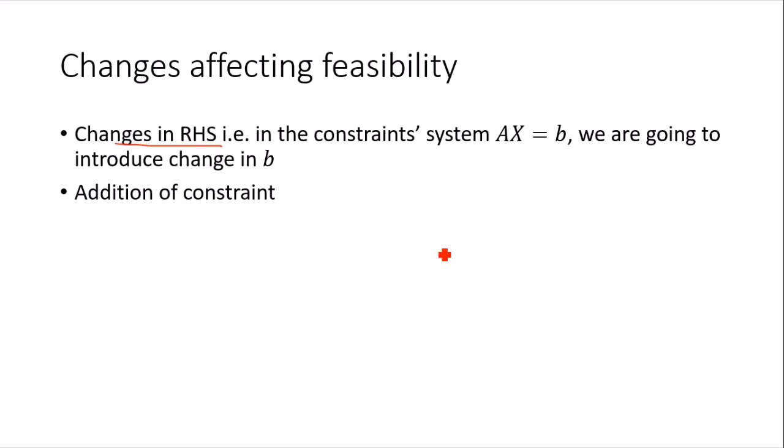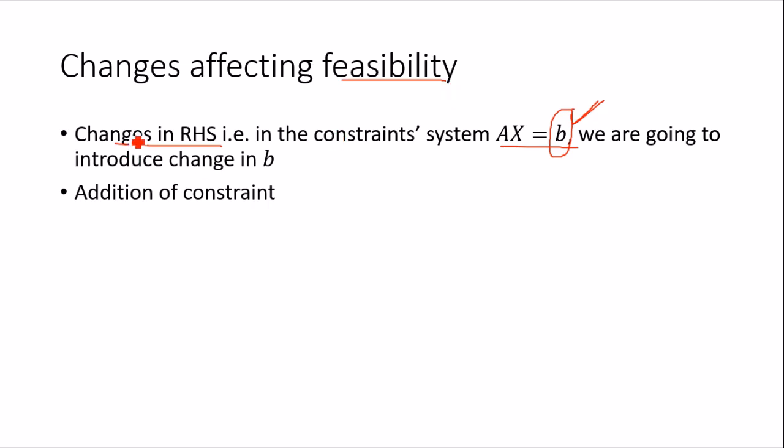Since feasibility is controlled by the constraints of the LPP, the constraints are the focus here, and so we want to change the right hand side of the constraint. It is usually a constant vector; it can have any value but it's always a constant, there are no variables on the right hand side. We want to look at the effect of introducing changes in this vector B. That change is definitely going to affect the feasibility of the problem because constraints always control the feasibility of the system.